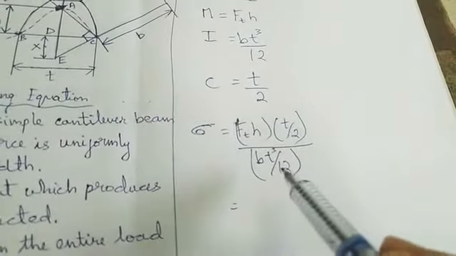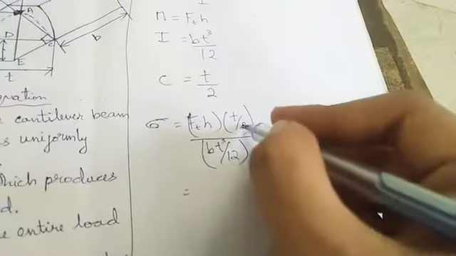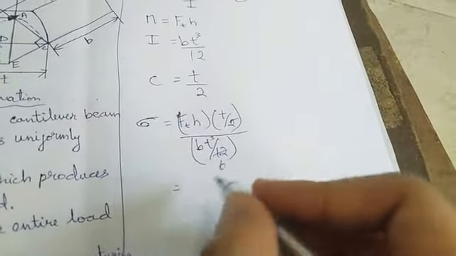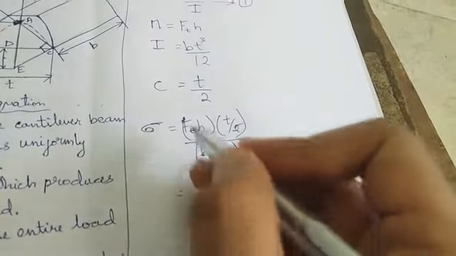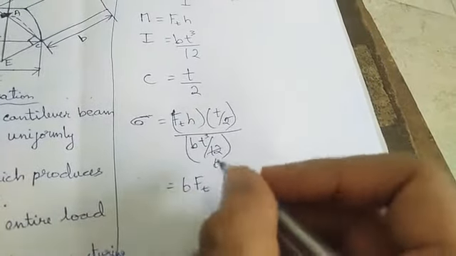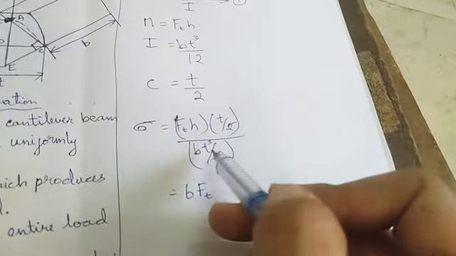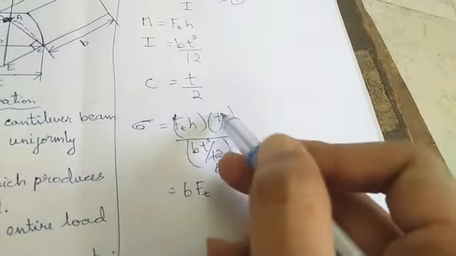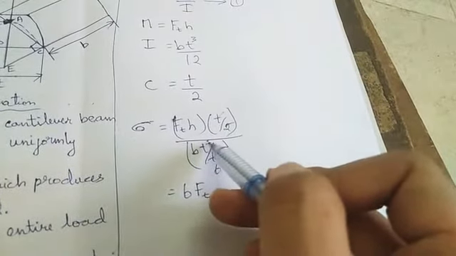So simplifying this equation, here there is 2, there is 12, so 6. We can write the 6 in the numerator, 6 Ft. Here there is t and there is t cube, so we can cancel. Here it will be t square.